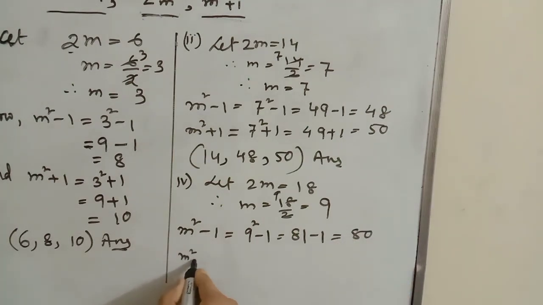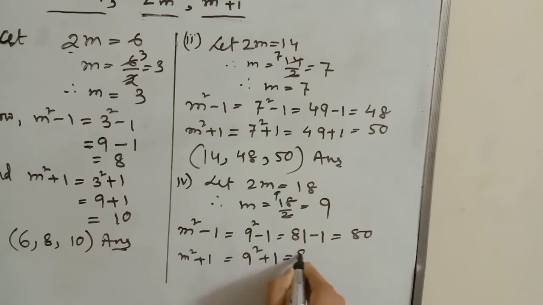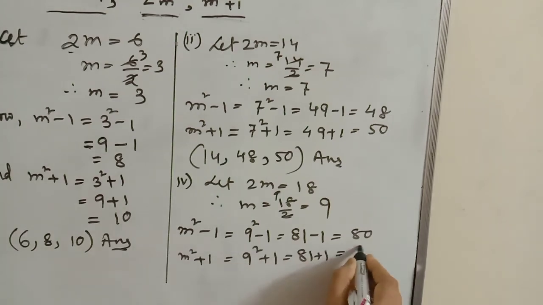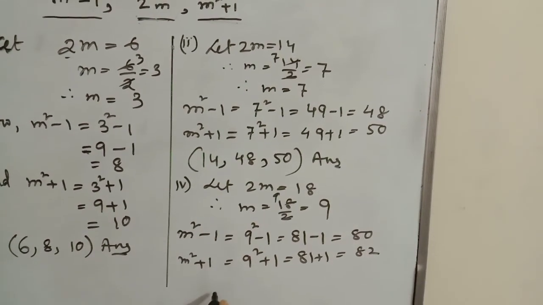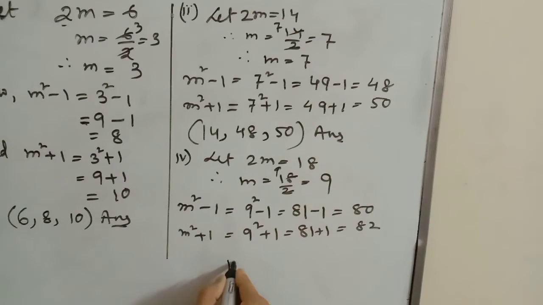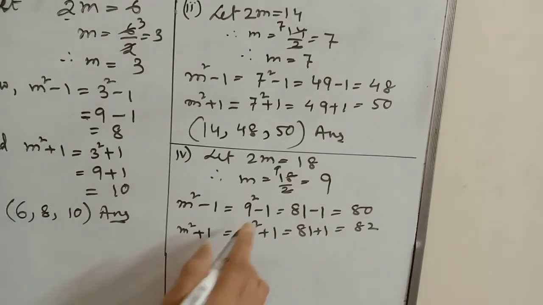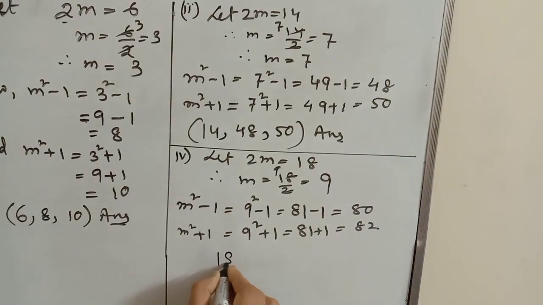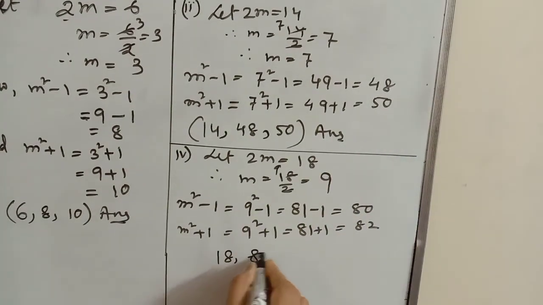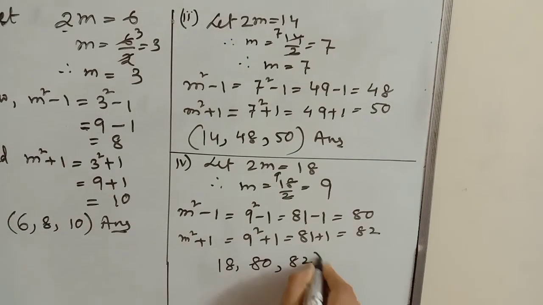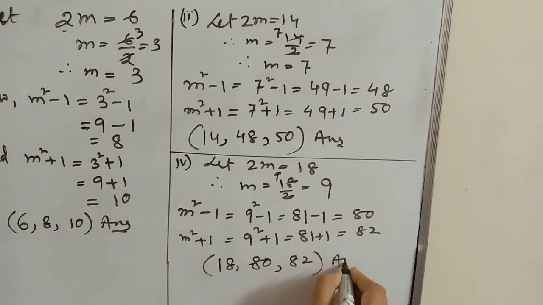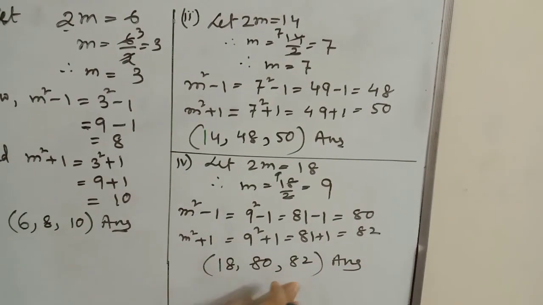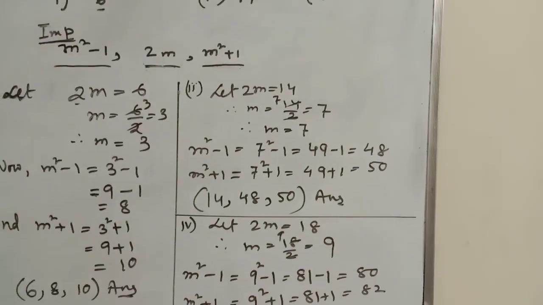And m square plus 1 equal to 9 square plus 1 equal to 81 plus 1, 82. So in this triplet, one number is 18, the second is 80 and 82. These are the three numbers in this triplet. I hope all of you understand this one.